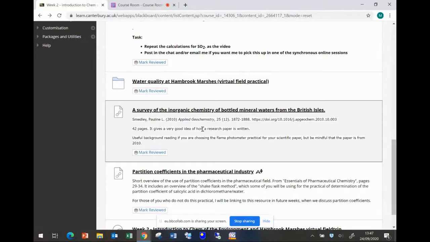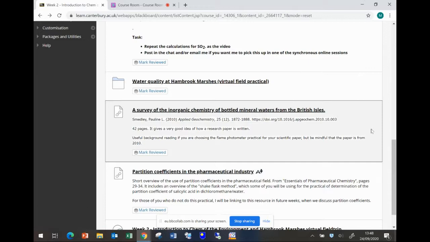And it gives you a very good idea of how to write a research paper on water analysis, because the two practicals you can choose from to write a scientific paper, if you are part of the ecology group, the flame photometer practical, and for everybody else, the Hamburg Marshes practical, virtual field trip, they're all related to water analysis.